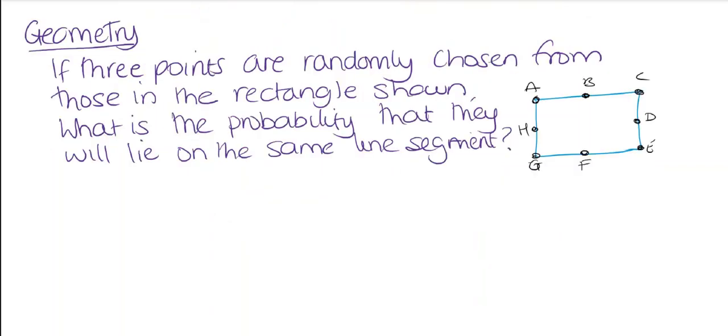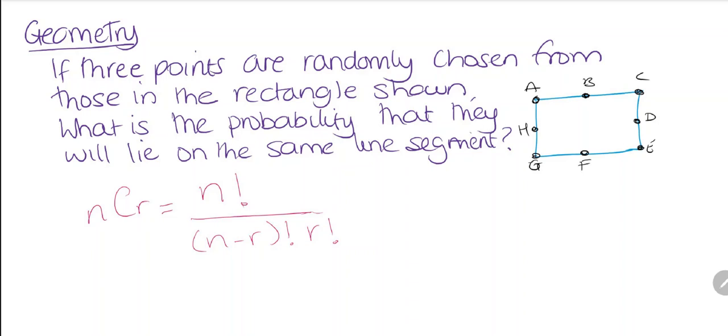Okay, we have a geometry problem. If 3 points are randomly chosen from those in the rectangle shown, what is the probability that they will lie on the same line segment? So we need to use nCr. So this is going to be the number of combinations, n factorial divided by n minus r factorial multiplied by r factorial.